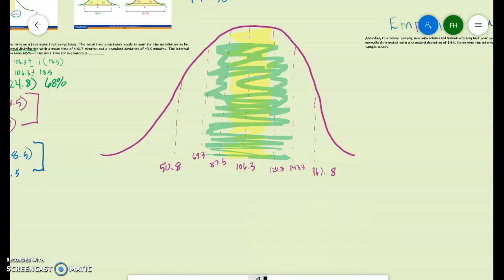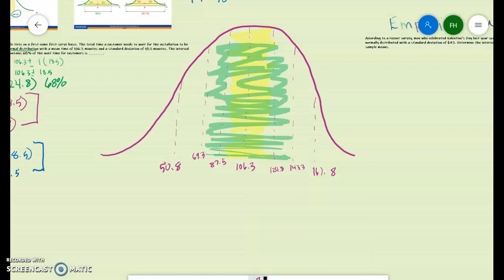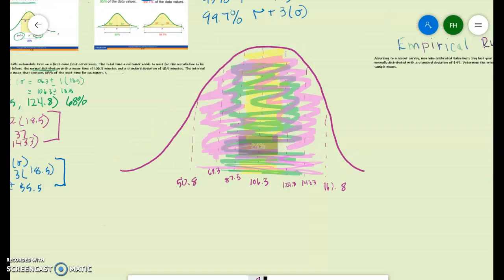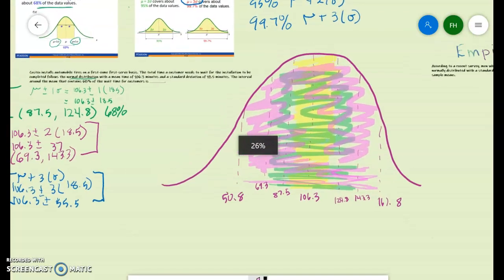And that means that 99.7% of customer wait times will be between 50.8 and 161.8 minutes.